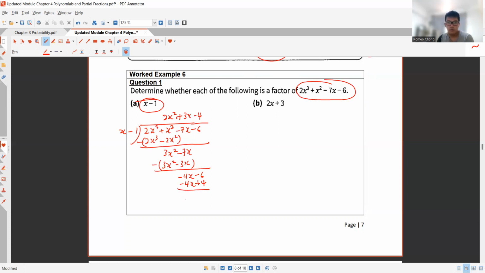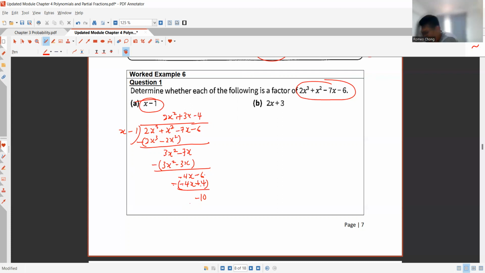When I subtract, negative 4x minus negative 4x gives 0. For the other one, negative 6 minus 4 gives negative 10.